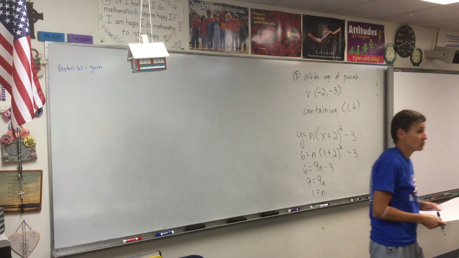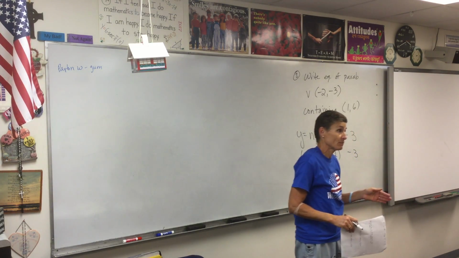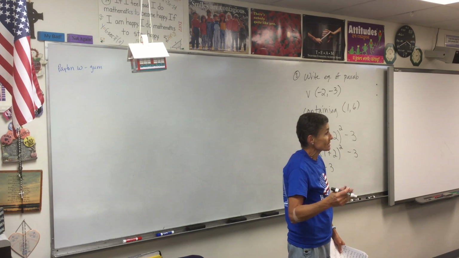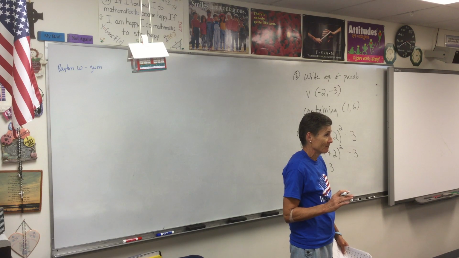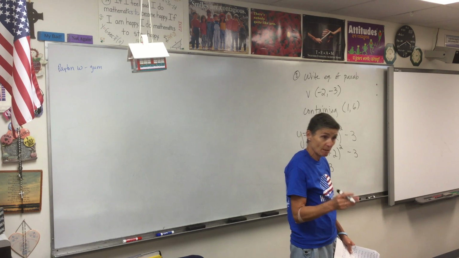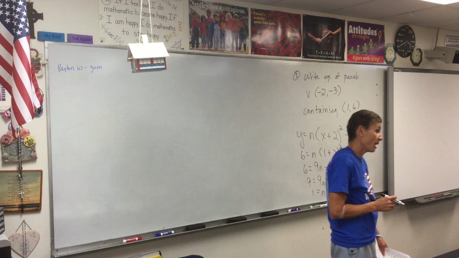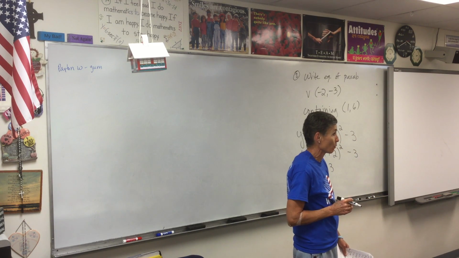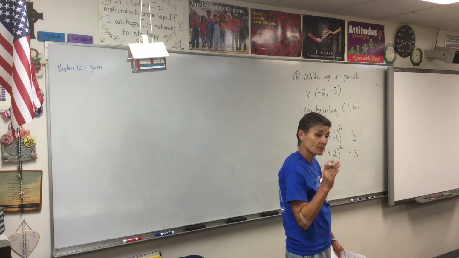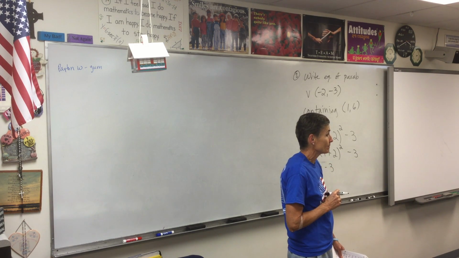That's direct variation. Now let me give you an example of inverse variation. Let's suppose Ethan and I live in the same house. We do not. But let's suppose we did. And we both left for school in separate cars at exactly the same time, and we drove exactly the same route to school. I drove 40 miles an hour. Ethan drove 50 miles an hour. Who gets to school first?